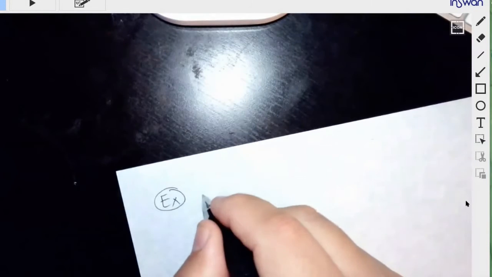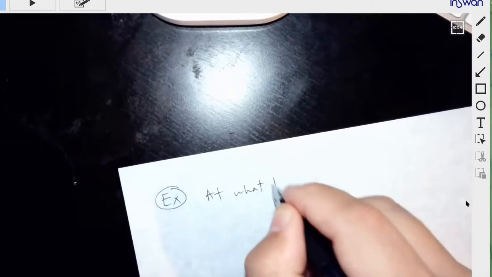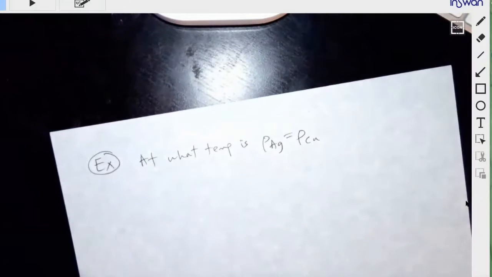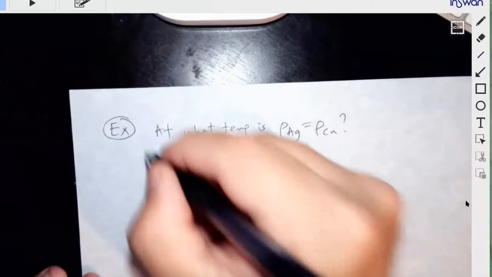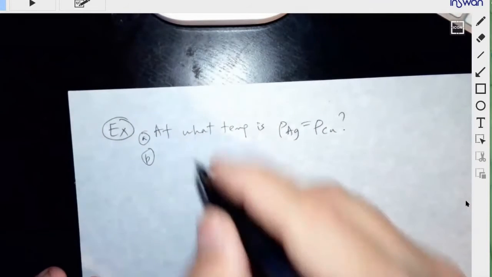So at what temperature is the resistivity of silver equal to the resistivity of copper? We could even ask those weird questions we asked in the very first section.